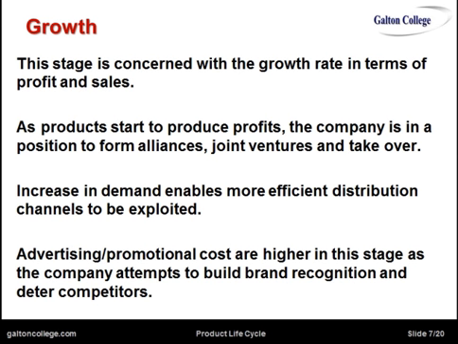Advertising and promotion costs are higher in this stage as the company attempts to build brand recognition and deter competitors. So one of the ways to fight off the competitors is not just by forming alliances, joint ventures and so on, but also to build brand loyalty and brand recognition. And it does that by effective marketing campaigns.